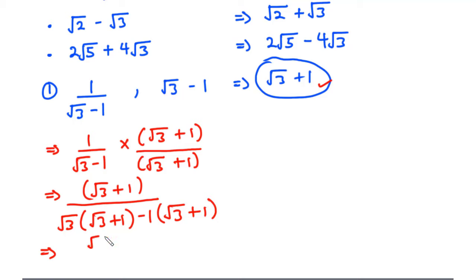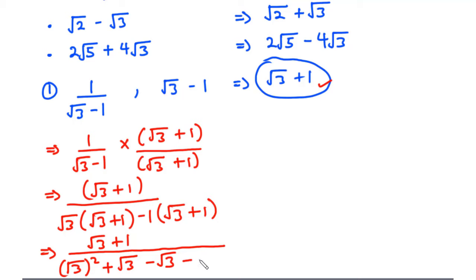So we have root 3 plus 1 as the numerator, and then let's simplify the denominator. So root 3 times root 3 is root 3 all squared, plus root 3 times 1 is root 3. And then we have negative 1 times root 3, which is negative root 3. And then we have negative 1 times 1.